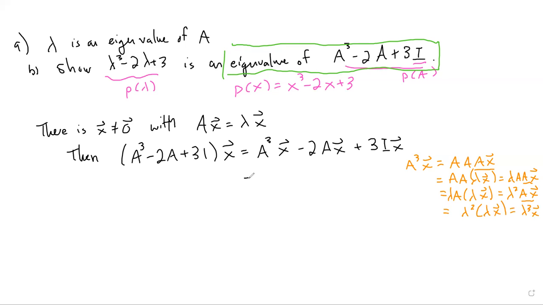And so when I clean this thing up, it's actually lambda cubed times x minus 2 lambda x plus 3, and that's just x, right? Ix is just x. And you can see now we can factor the x from all of this. Well, it actually doesn't matter if it's right or left because it's constant coefficients here, but we can factor it.